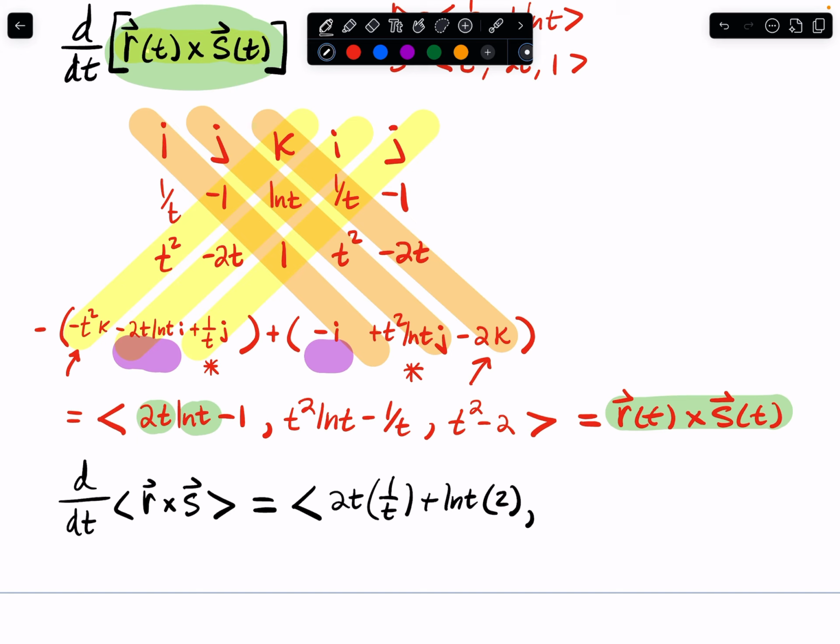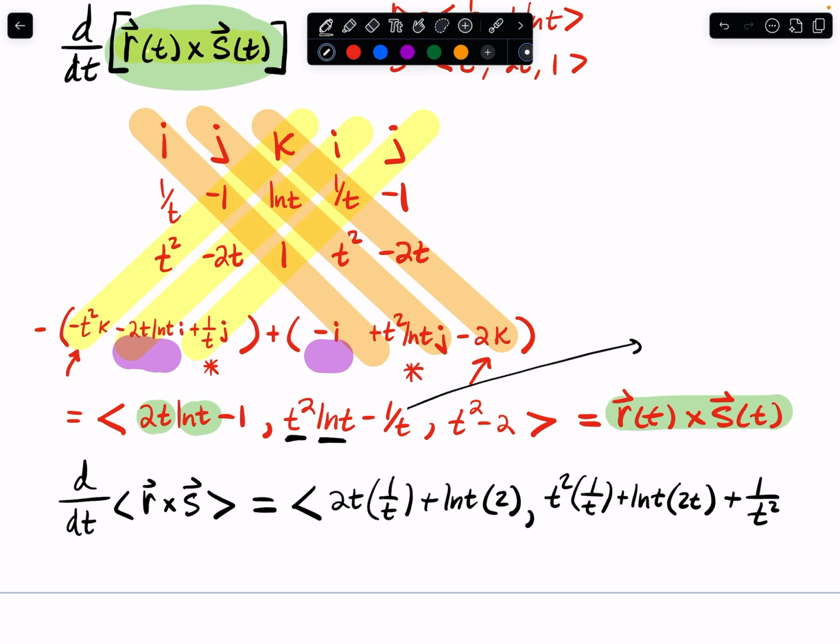The next one, I have another product rule, t squared and ln t. So I have the first times the derivative of second, plus the second times the derivative of the first, and then minus the derivative of 1 over t, which is negative 1 over t squared, but the negative and the negative make a positive 1 over t squared.